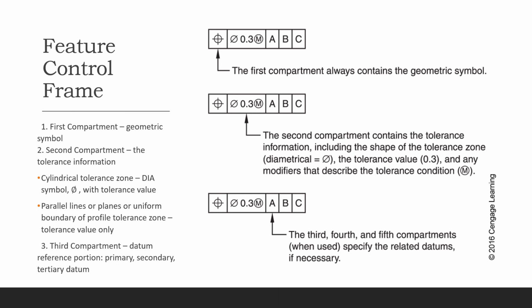But we have a modifier right there. Max is right here, so you have to choose the tolerance, the least one, the smallest one. Here it's telling you that's the diameter, and here it's telling you this is a position.